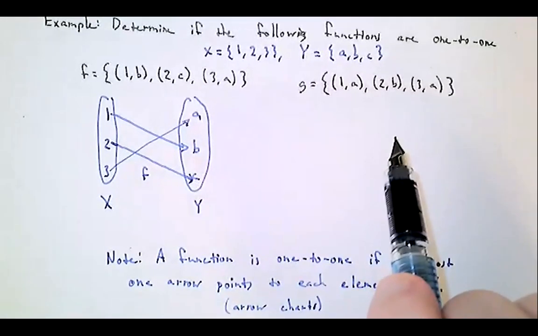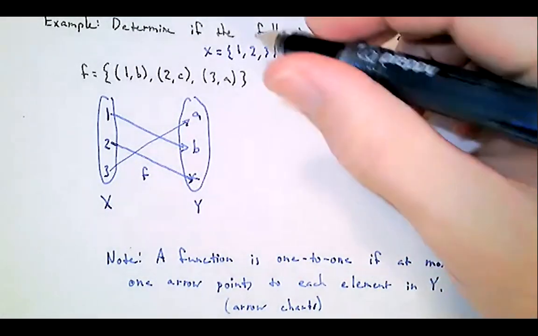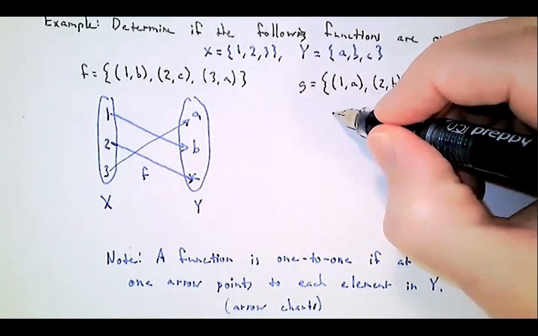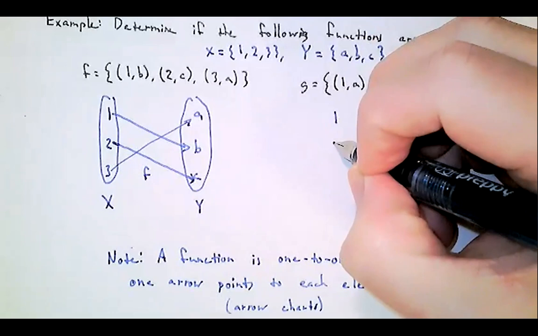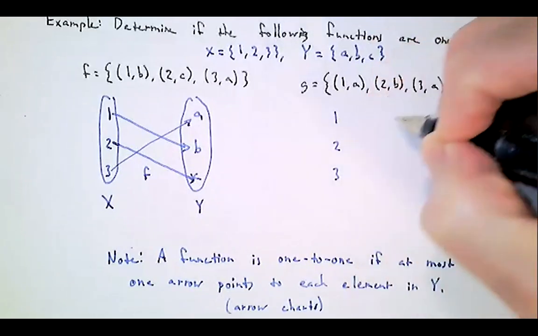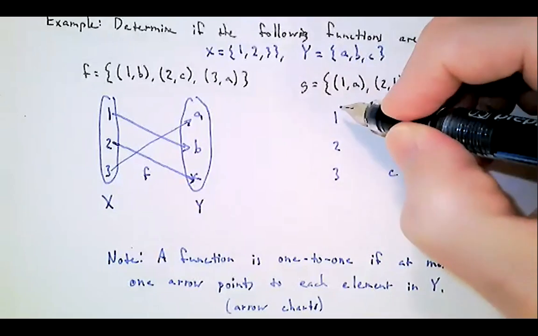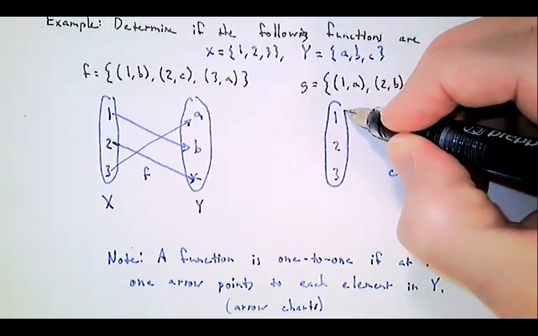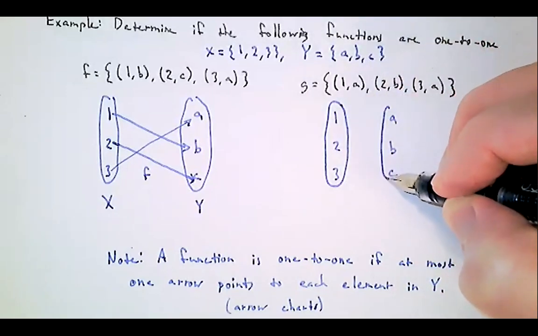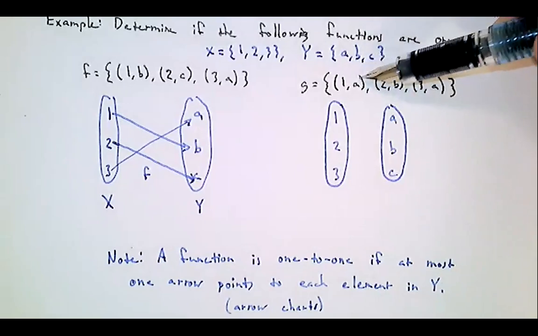Let's make another arrow chart for G. So we have the same domain and codomain. And remember, we have arrows pointing from the input to the output.